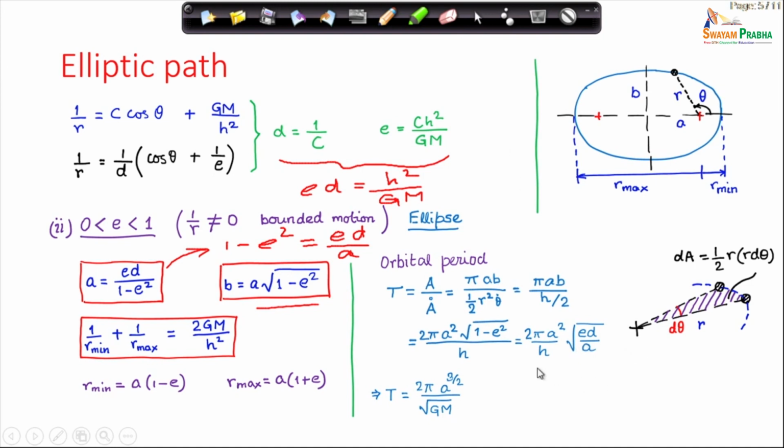If I do all these simplifications and use 1 minus e square as e d by a and e d as h square by G M, finally I arrive at this expression of the time period on the elliptic path. The time period is the time required to complete one full rotation around the focus.